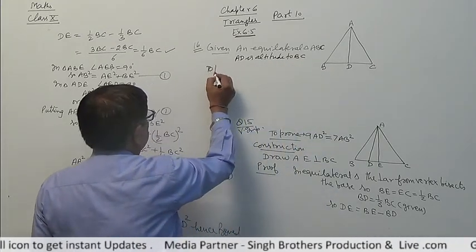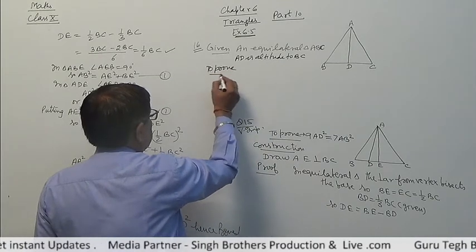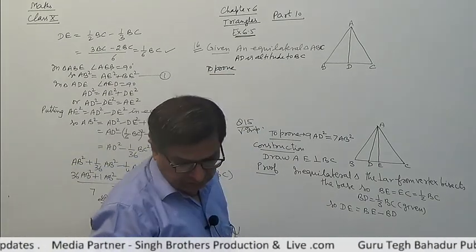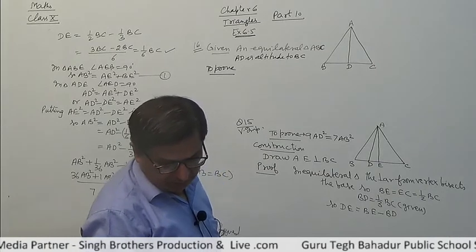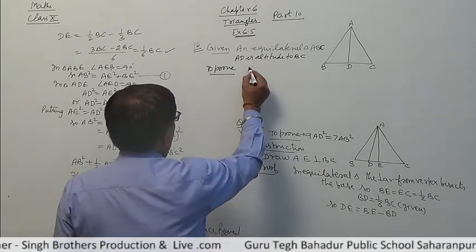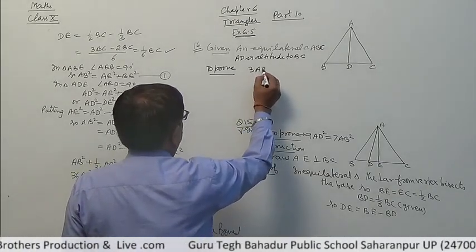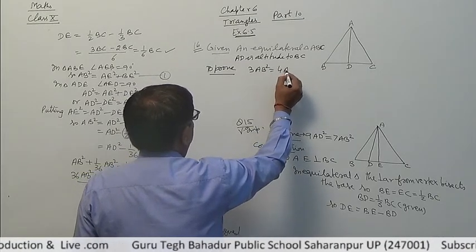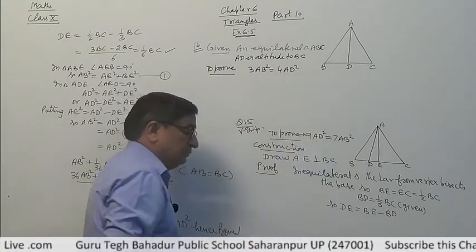To prove: 3 times the square of one side, that is 3AB square is equal to 4 AD square.